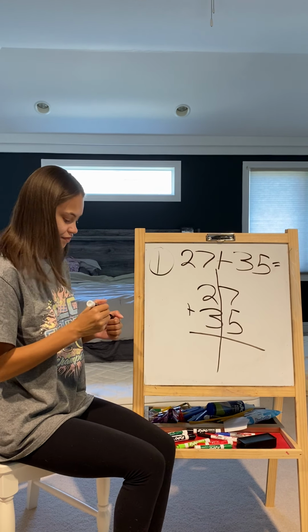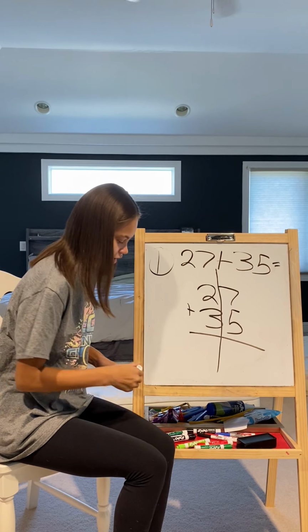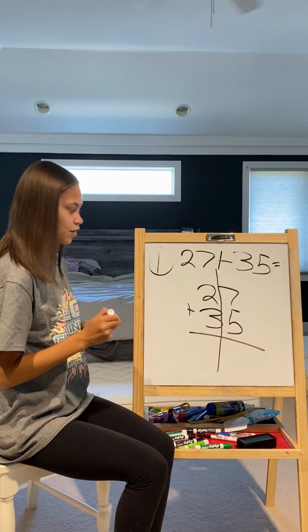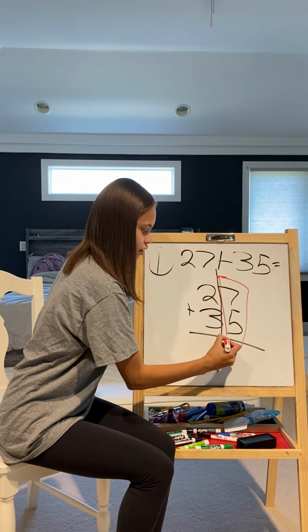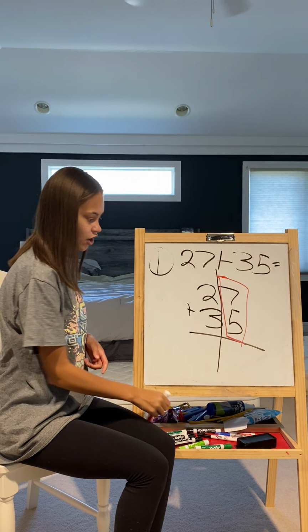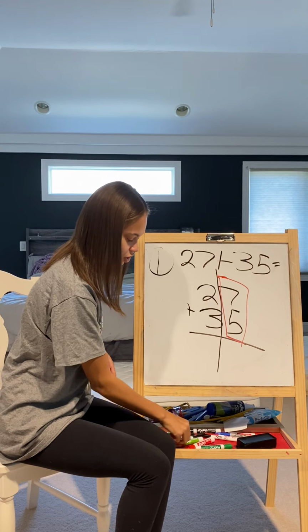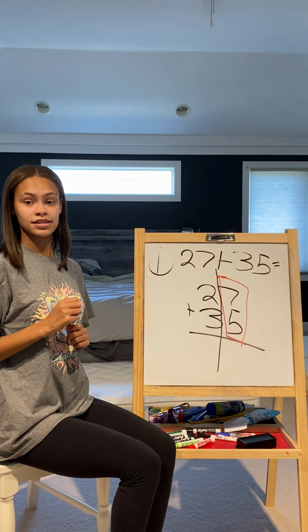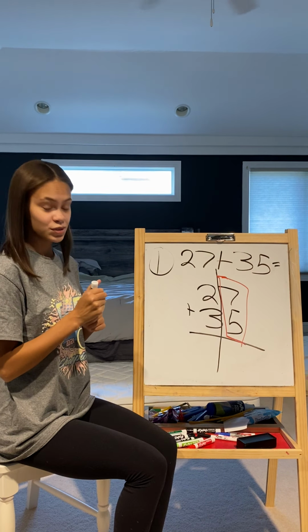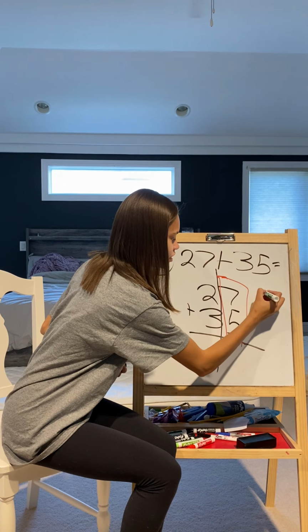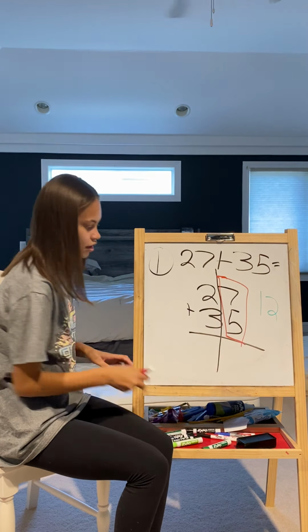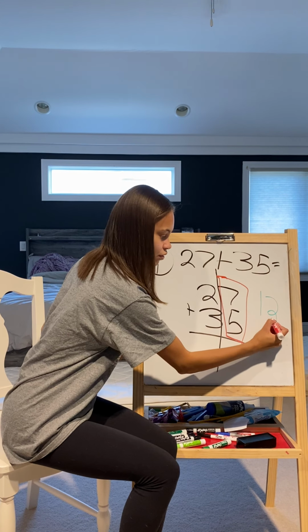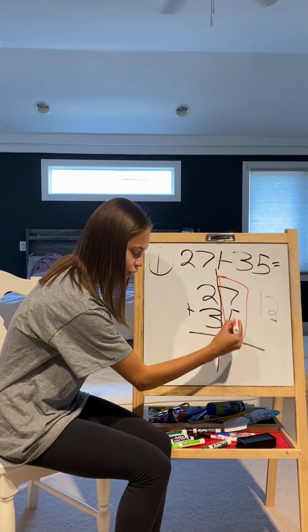We only look at the back column like we've been doing. The two numbers are 7 and 5, and 7 plus 5 is 12. The back number is 2, so we put a 2 right here.